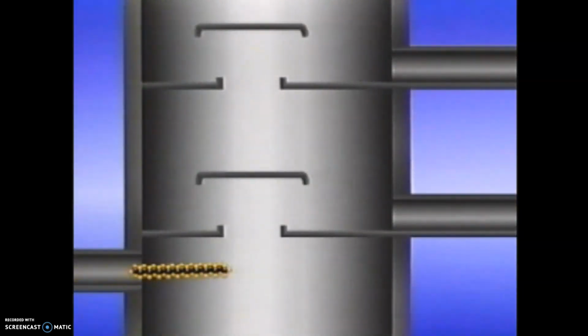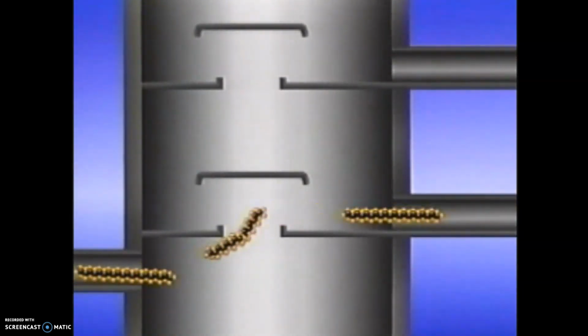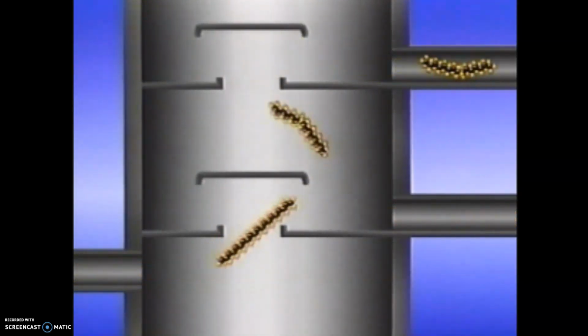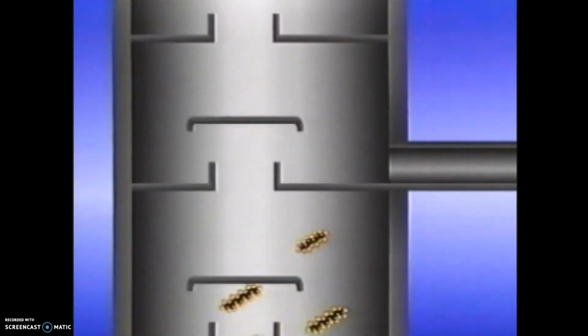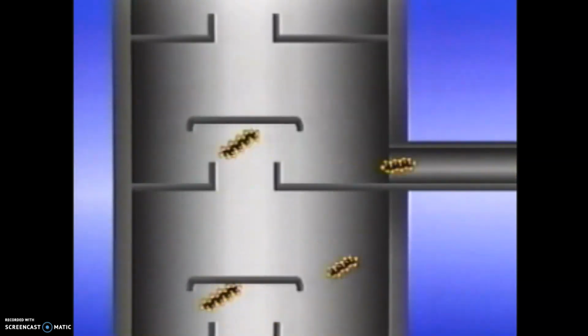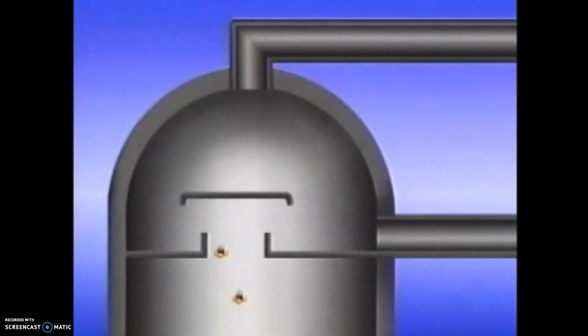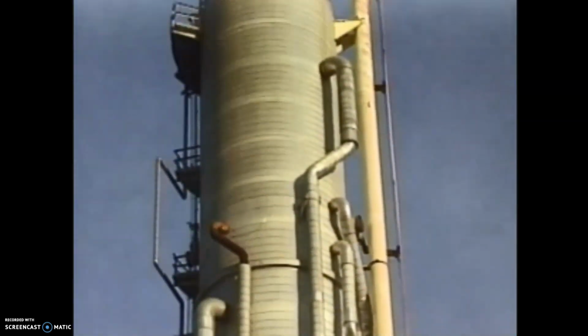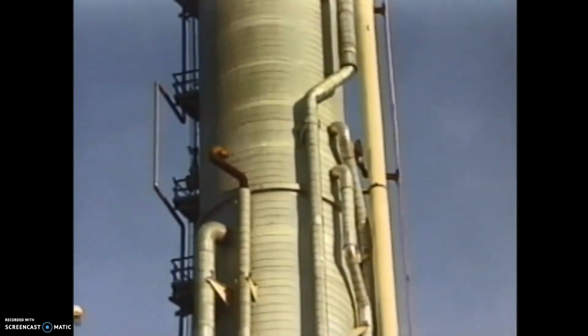Shorter hydrocarbons, like those in diesel and kerosene, condense at a cooler temperature and settle on one of the lower trays. Still lighter hydrocarbons, including the naphtha fractions used in gasoline blending, remain in the vapor state until they reach higher, cooler trays. The smallest hydrocarbons, such as methane and propane, remain gaseous and pass out the top of the fractionating tower. The fractions collected and drawn off trays are sold or further refined into useful products.